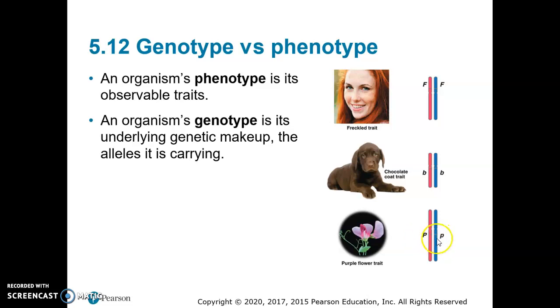I've got two different forms of the allele. Here, the individual has two of the same forms, homozygous. And because those are capital letters, we could say homozygous dominant, homozygous recessive, two lowercase letters. Heterozygous, period. You don't say capital or lowercase, just heterozygous.